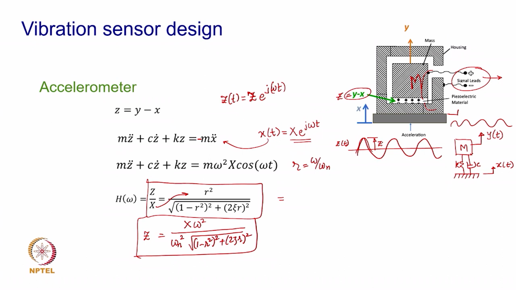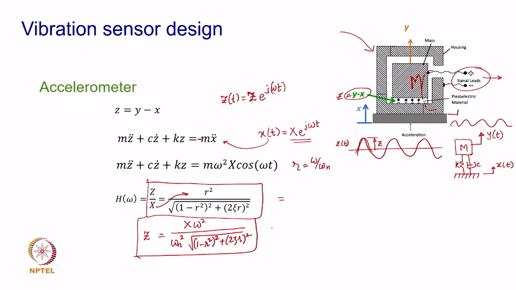Can we say that for a given sensor, the entire denominator is a constant value for a given input frequency? Yes. If you are subjecting it to a particular frequency, then the denominator, particularly omega n and zeta, are constant values. Of course, r will change with the excitation frequency.